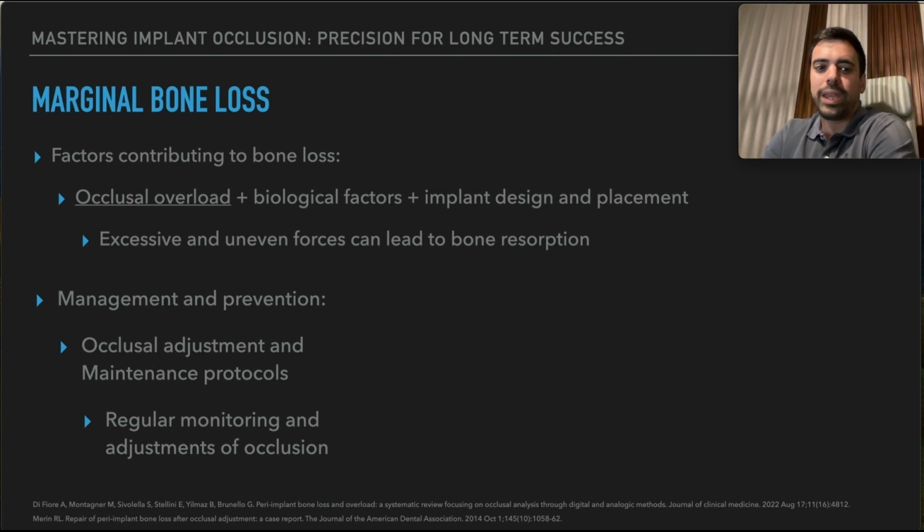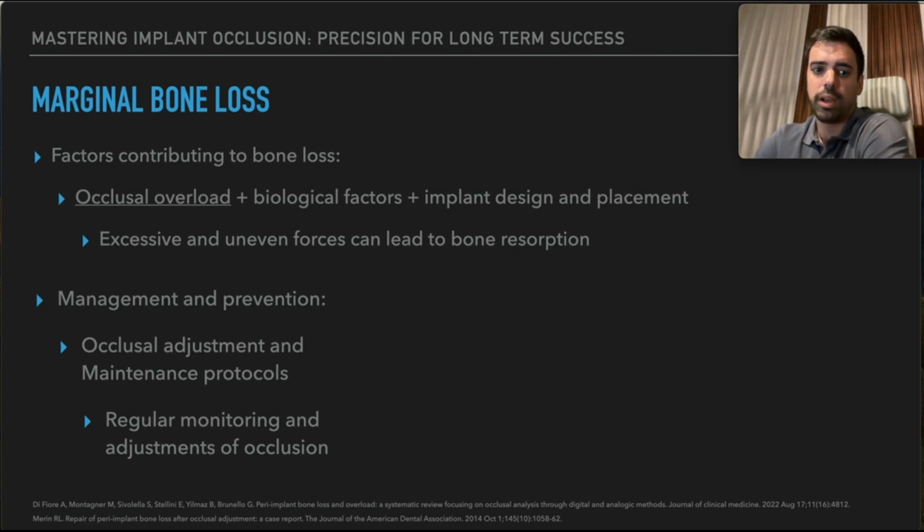And then we can prevent these kinds of scenarios if we adjust the bite on those implants. But we need to think about how to adjust the bite, because I've seen so many just drilling it out. And then if you have a tooth on the opposing arch, that extrudes itself, and then you end up having that contact again. So it's not just about drilling, it's knowing where the forces are and how to deal with it.